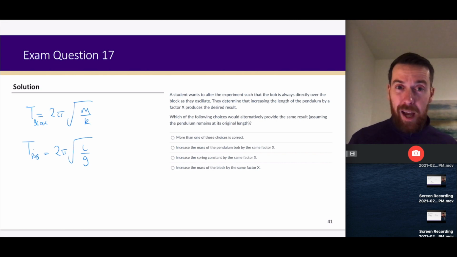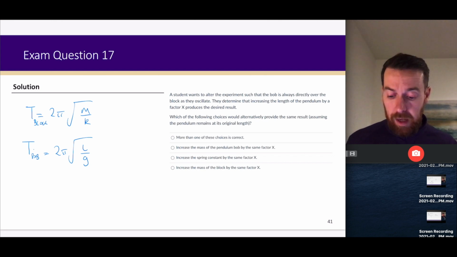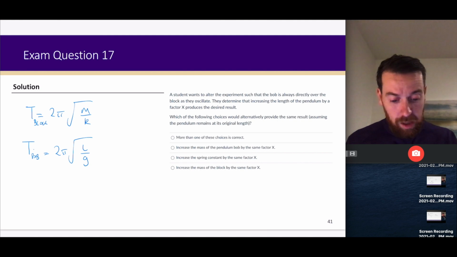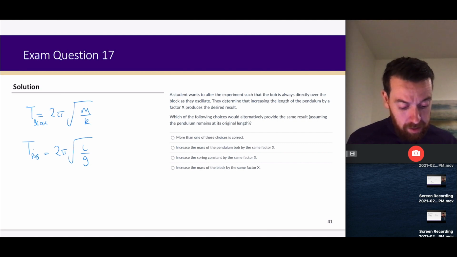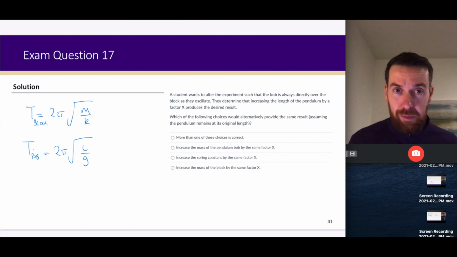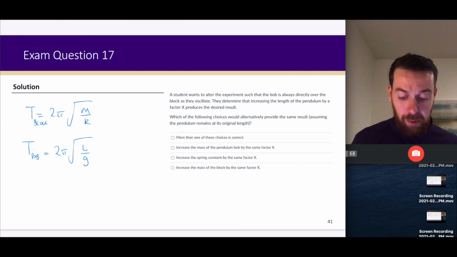How would we decrease the period of the block-spring system? Well, we could decrease the mass, but none of the options allow us to decrease the mass. The option about the mass is to increase the mass of the block by the same factor. That would actually counteract our problem. It would make the period of the block even larger than it is, so it's going in the wrong direction.